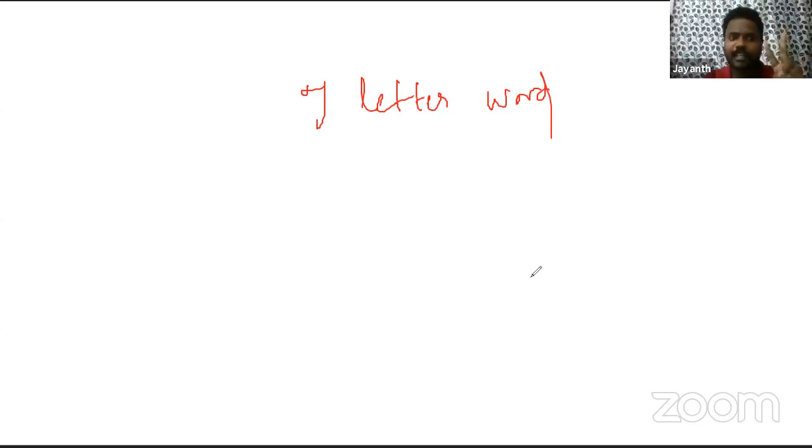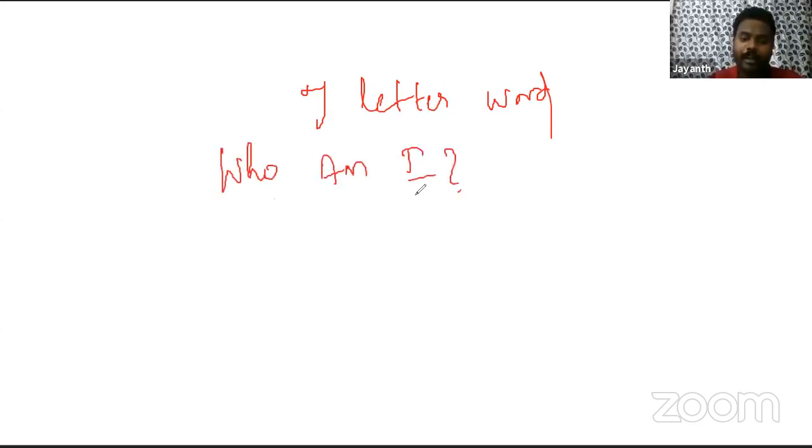If you remove the second letter, the meaning remains the same. If you remove the third letter, the meaning remains the same. If you remove all the letters, the meaning remains the same. Then who am I, or what am I?